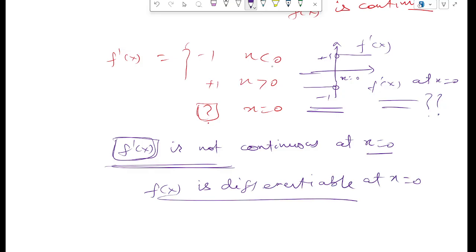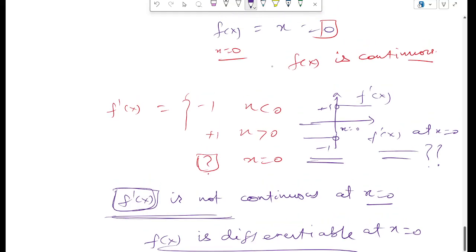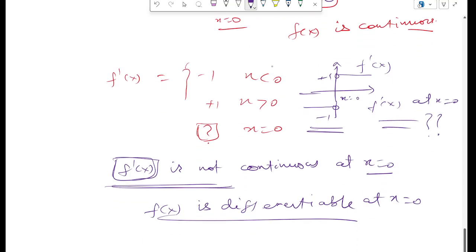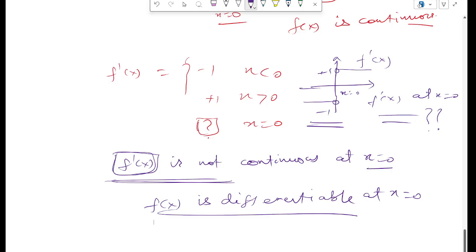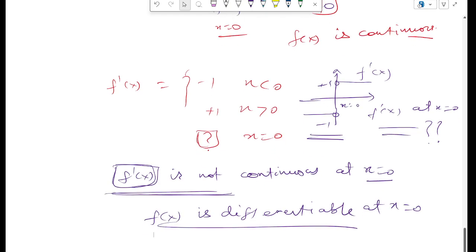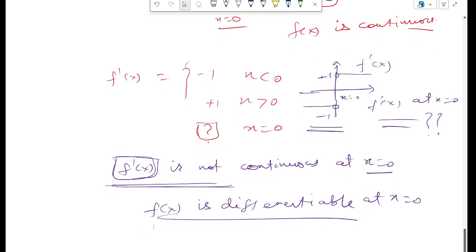This is how you can prove it and understand the meaning of differentiability. By just understanding the meaning of continuity and differentiation, we can check whether a function is differentiable or not, by proving whether it is continuous and its derivative is continuous or not, right? This is intuitively how we think about differentiability of a function.